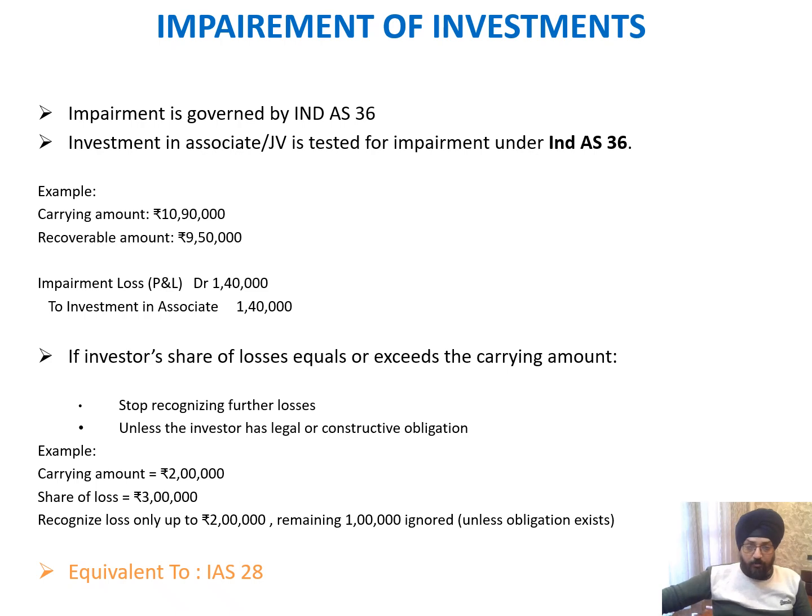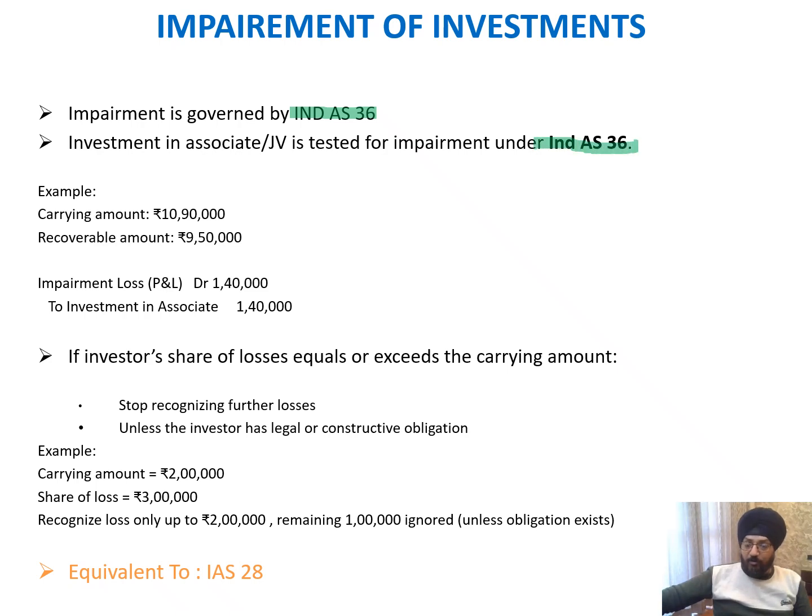Okay, now quickly let's talk about the impairment of the investment. Impairment is governed by Ind AS 36, so it has to be dealt with under that Ind AS. The entire rules, regulations and methodology would be governed by Ind AS 36. Investment in associate and JV is tested for impairment at each reporting date.